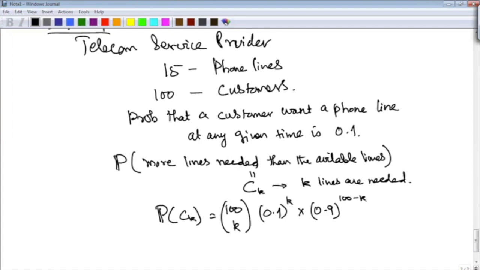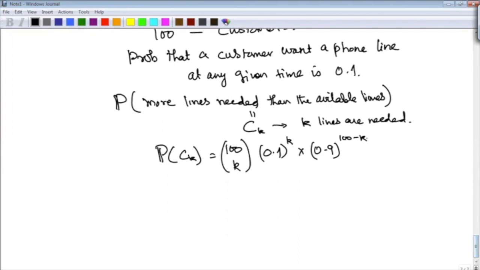This many don't want the phone line at a given time. So this is the probability for any k lines.